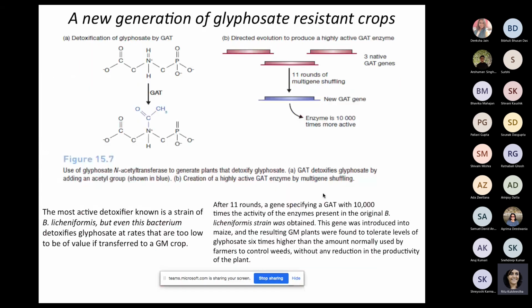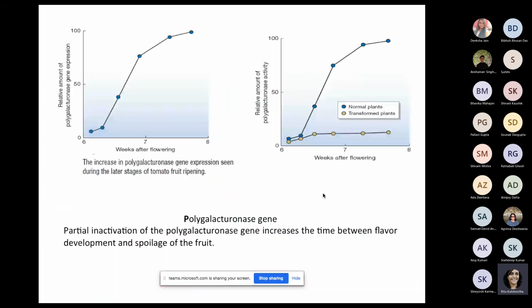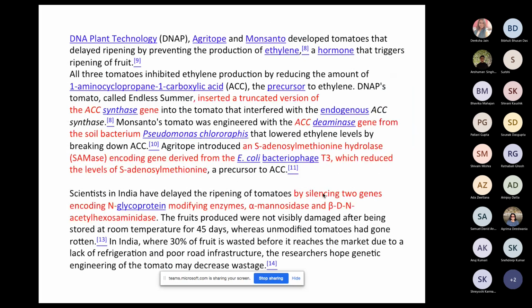While telling you the example of this Flavr Savr tomato, or let's say making the tomatoes which avoid the spoilage by being more sturdy and not going for a quick ripening, we also understood that to achieve one particular phenotype, in this case that we don't want the fruit to get ripened very quickly so that it gets spoiled before reaching the market, the final thing is the same, but the strategies can be so different.